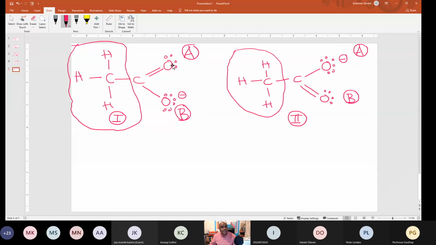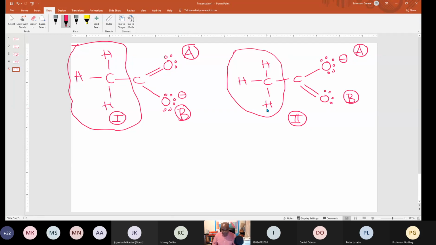In this particular example, oxygen A is neutral, while in this other resonance form, oxygen A is negatively charged. In structure number 1, oxygen B is negatively charged, while in structure 2, oxygen B is neutral.